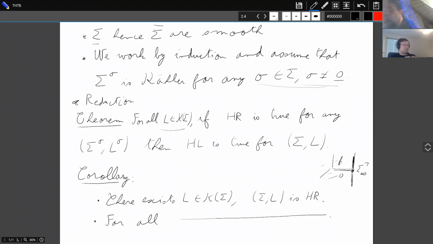And so if I have L, an ample element of K sigma, I get an element L_tau, which is ample in the star of tau, and it happens that if L is an ample element of sigma, and if I have Hodge-Riemann and so Hard Lefschetz for any star fans which are not trivial, then I have Hard Lefschetz for sigma L.